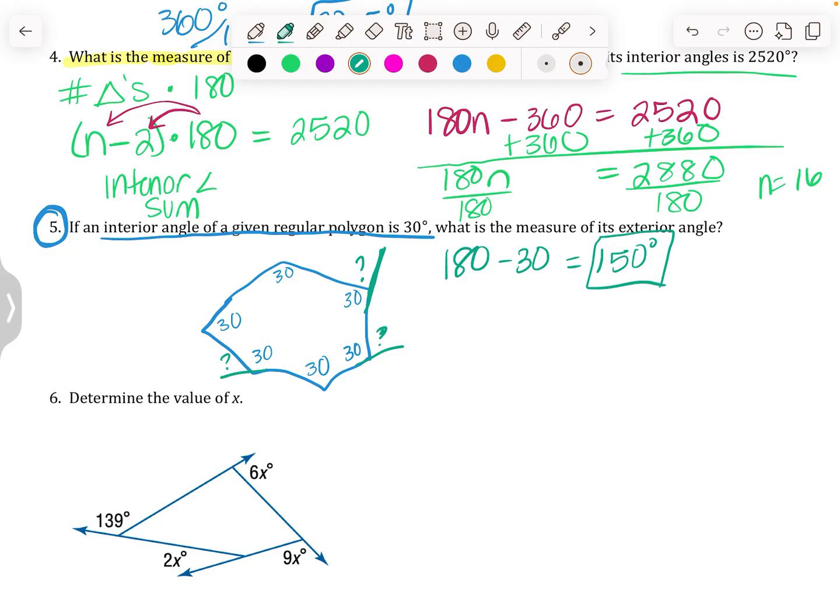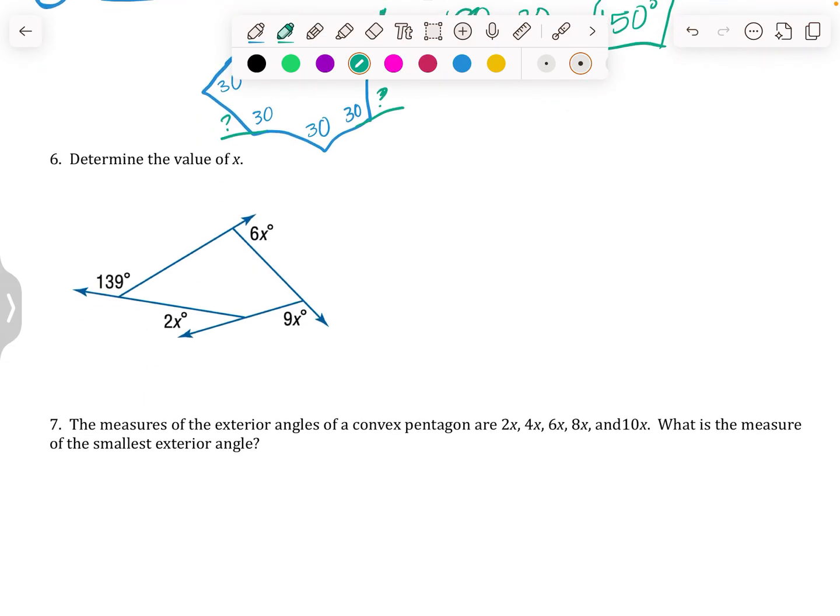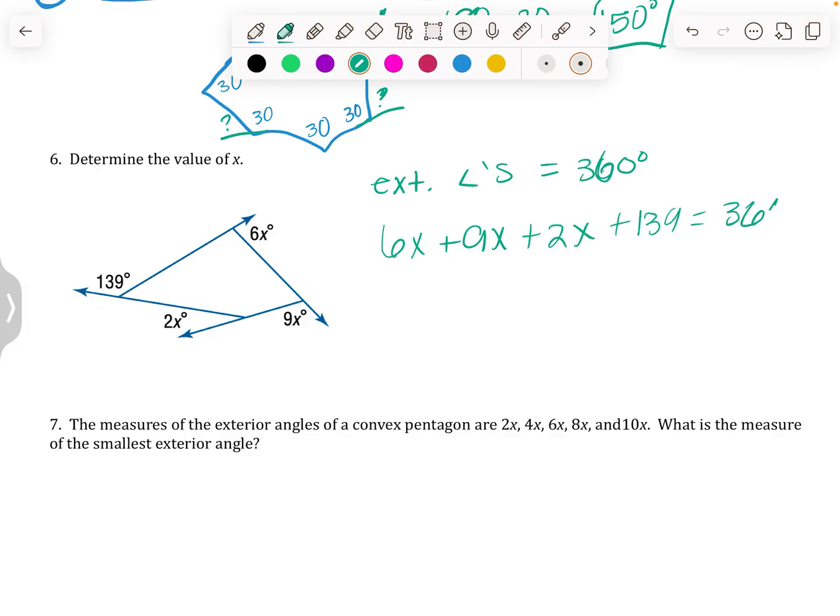I guess we'll see. All right, determining the value of x on this one. The exterior angle sum is always 360 degrees, so you're going to add up the total here: 6x plus 9x plus 2x plus 139 equals 360.